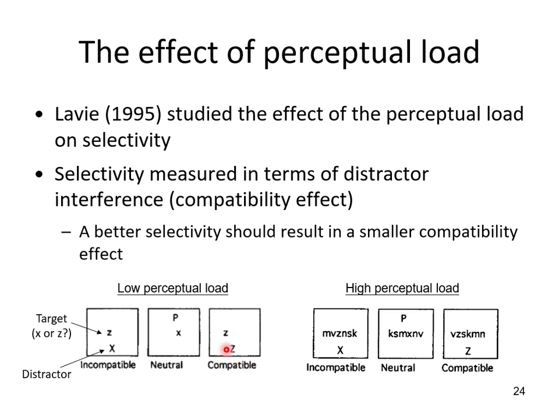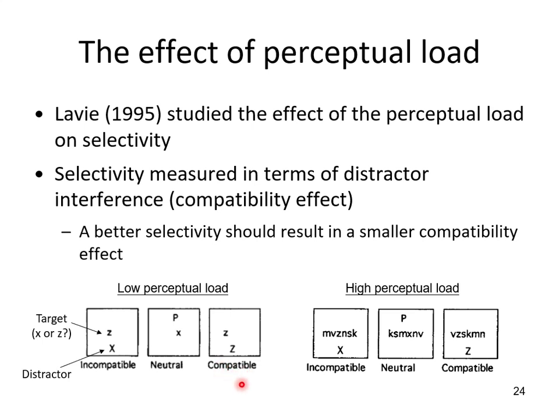In this example, it is a Z, and the target was also a Z. Therefore, if you ever process the distractor, not only does it not interfere with you, but it may even help you. Therefore, it's called a compatible distractor.